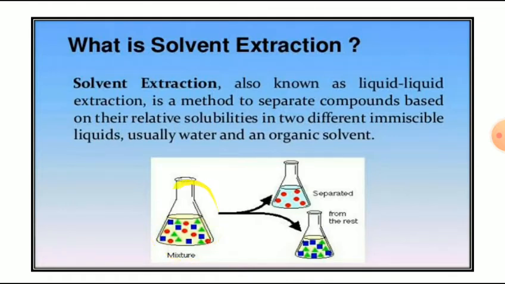This is the first conical flask. Suppose we separate the circular red colored sample component from this mixture of solute components. This is the separated red colored component, but in this other conical flask, the rest, the blue square and green triangle, will remain as it is.